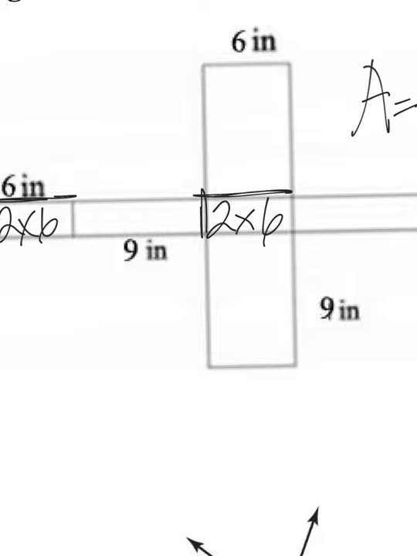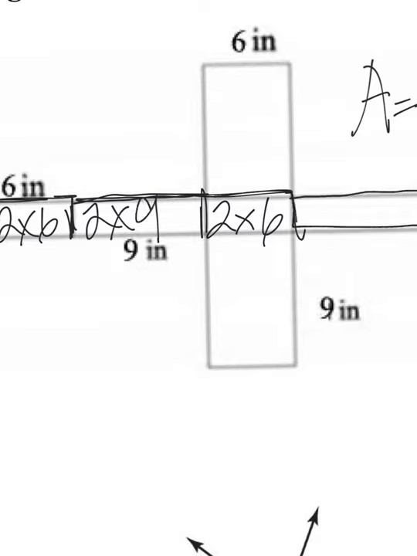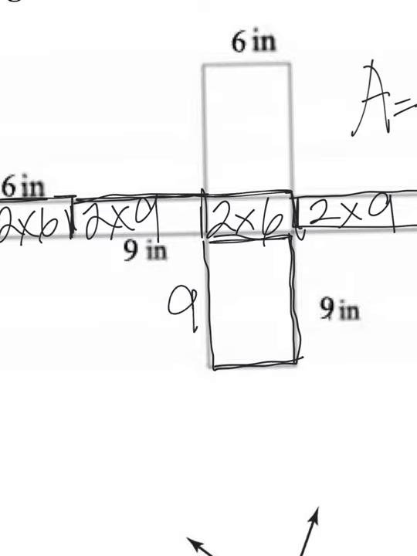When you fold this up, this rectangle would be a side, 2 times 9, and the other one would also fold up to be a side, 2 times 9. And when you fold the front and the back up, you can see that the dimensions there are 9 times 6.